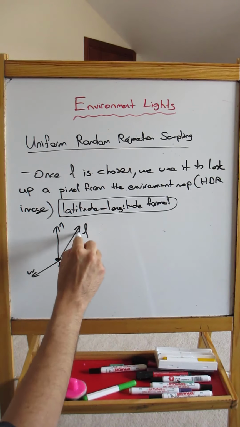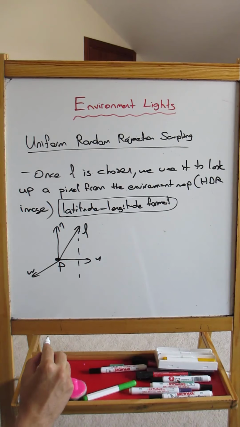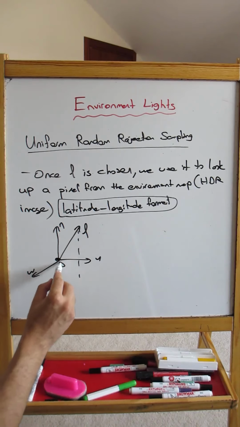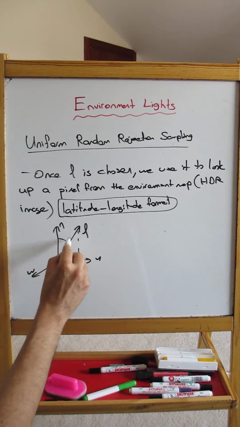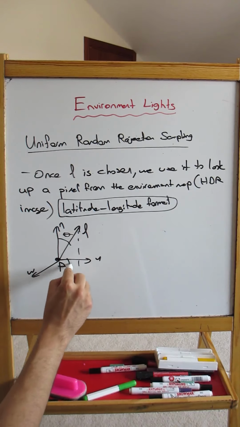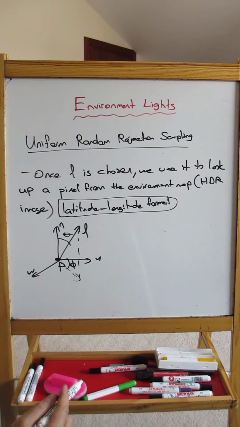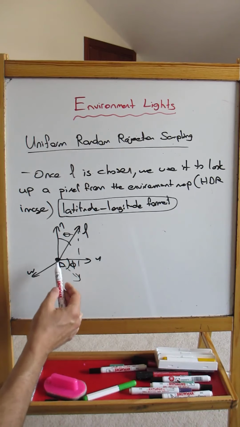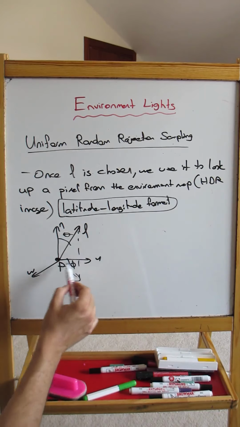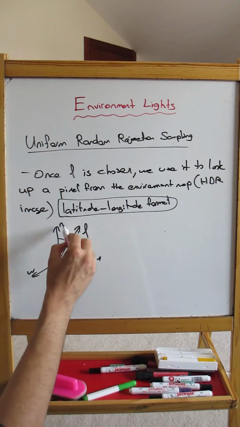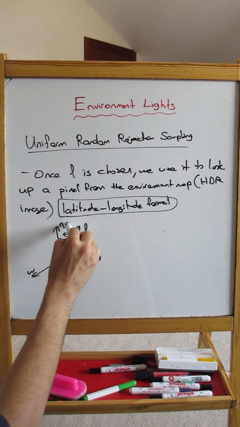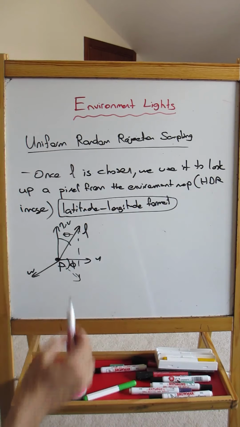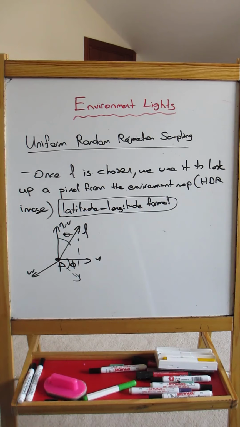Let's remember our angles here. We have two angles, theta and phi. Here we have a coordinate system, which you can think of like U, W, and N. The N vector is like our V, the UVW coordinate system.